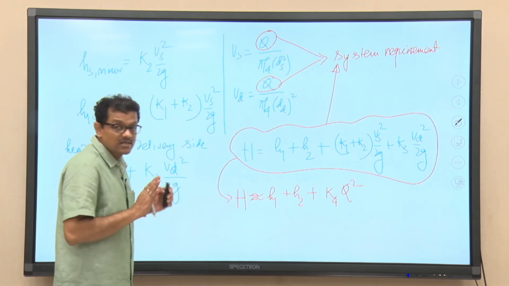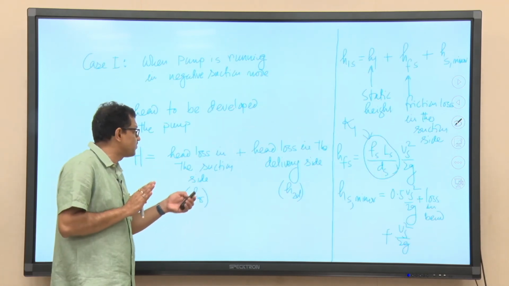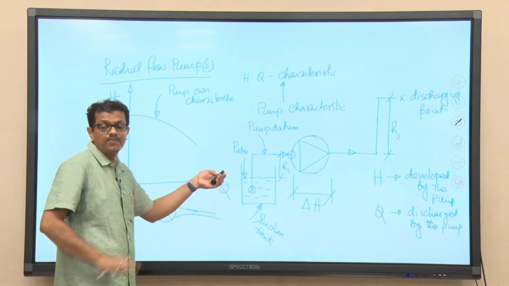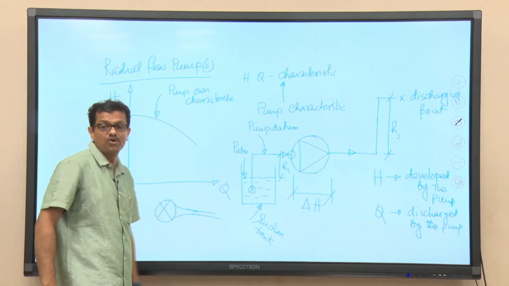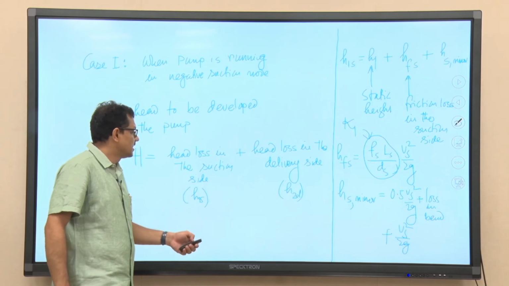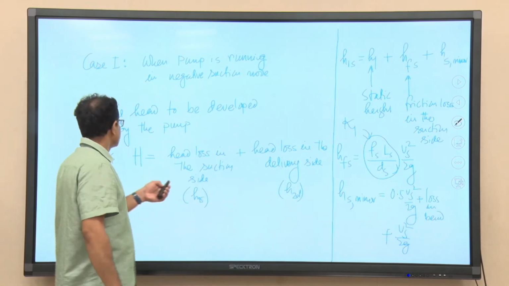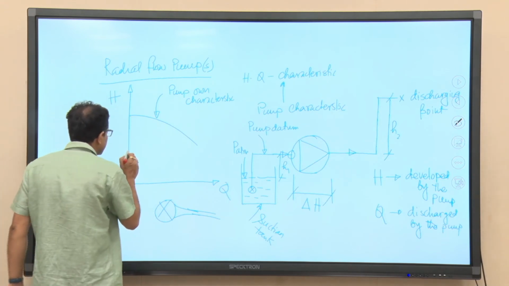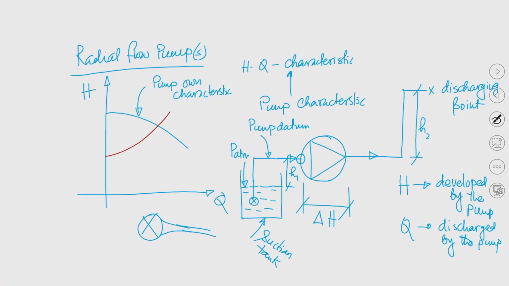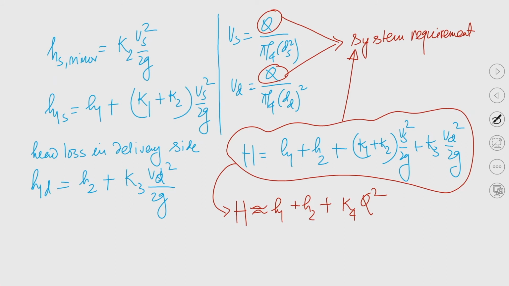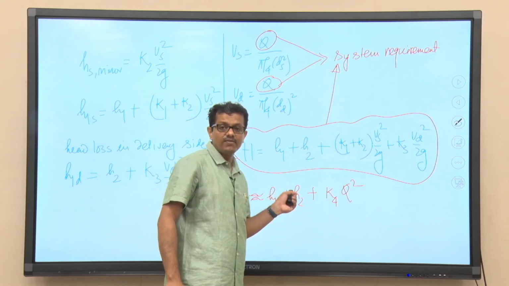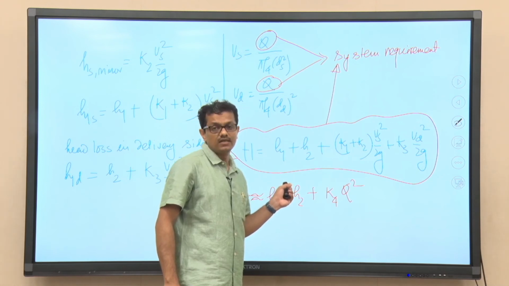So, the total system resistance for this particular case when the pump is running in the negative suction mode will be this. If we try to draw this curve on this H-Q plane, maybe you will get a curve like this. Eventually you can understand this is the equation of a parabola, but not passing through the origin, right.